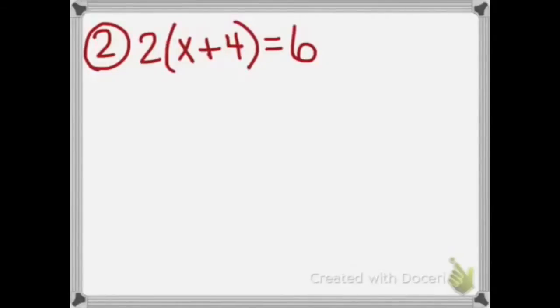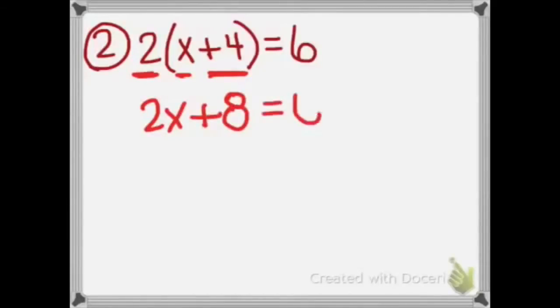Problem number 2. Let's start with the first step again. It says distribute with multiplication. We can definitely do that because there's parentheses. So we're going to take the 2 times the x, which is 2x, and then the 2 times the positive 4, which is positive 8. Alright.